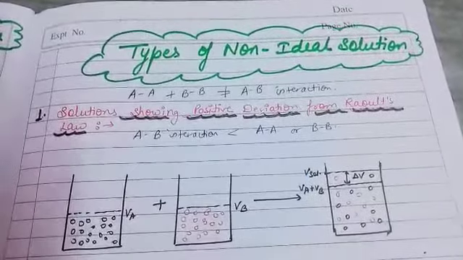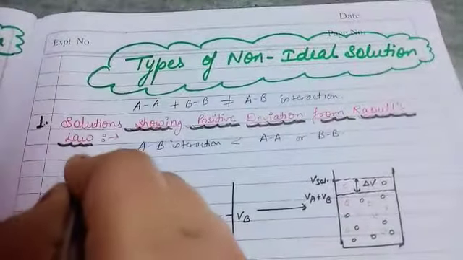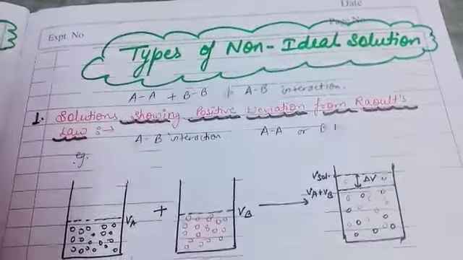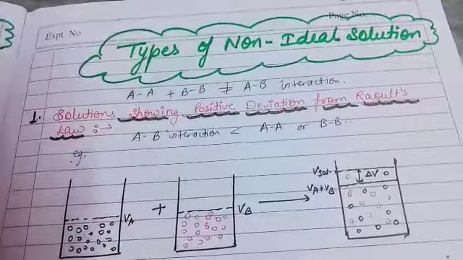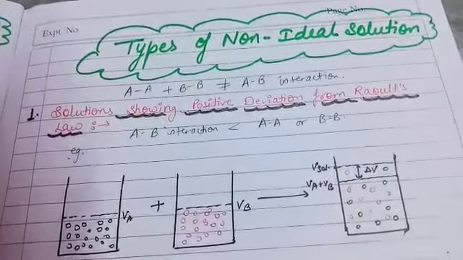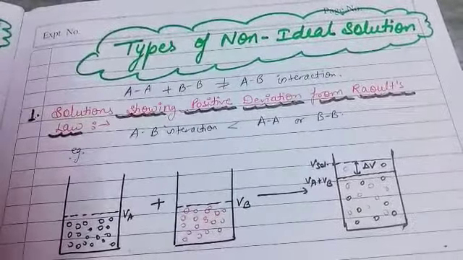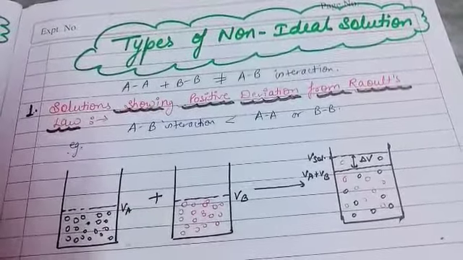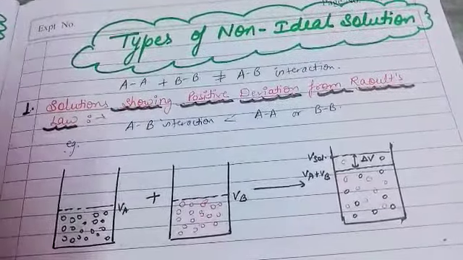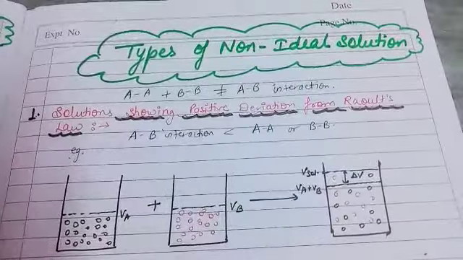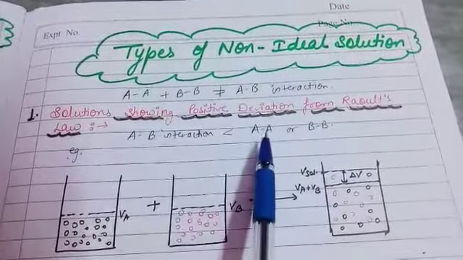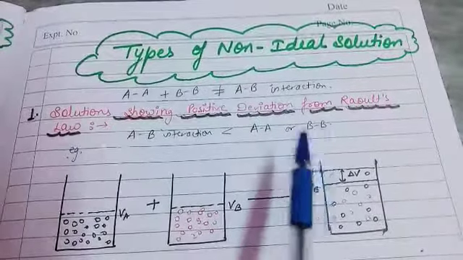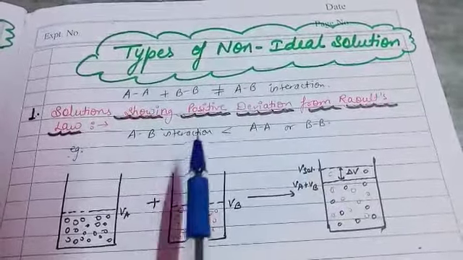For example, you can take ethanol plus cyclohexane, water plus methanol, or carbon tetrachloride plus chloroform, etc. Here the AA interaction is stronger, or the BB interaction is stronger, in comparison to the AB interaction.